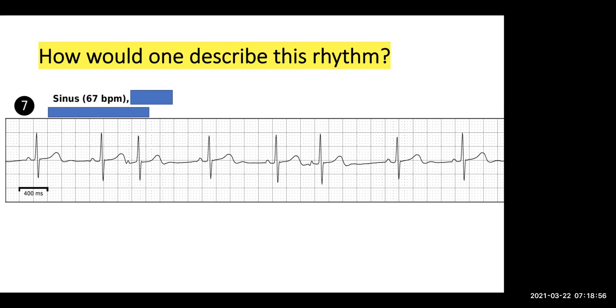Let me see. So the first two beats look sinus, the third beat looks PAC, and then sinus. I'm seeing if there's any relation with how frequently the PACs are coming.